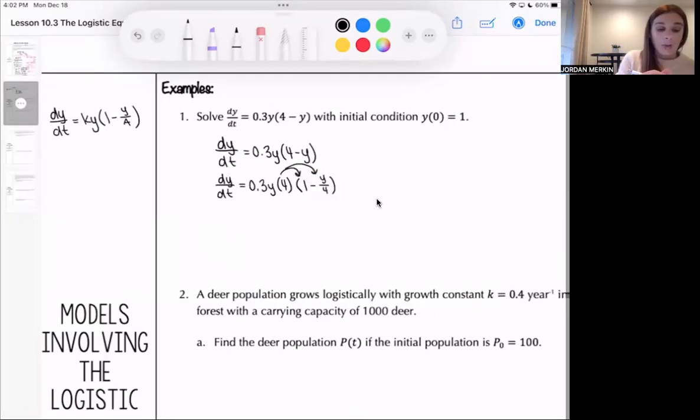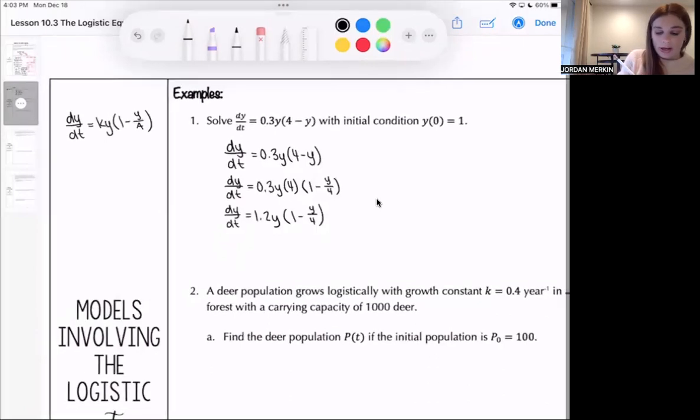And so now dy dt is equal to 0.3 times 4 is 1.2y times 1 minus y over 4. This gives me all of these variables. So I know that k is 1.2. I know that a is 4, right? And so it's following that logistic model that we were talking about.